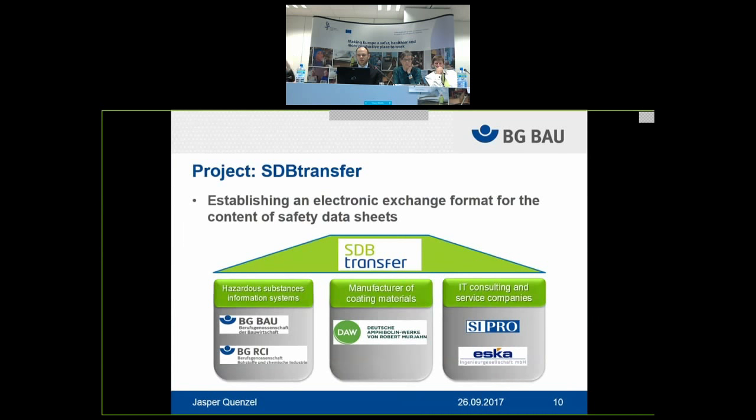And on the right, you can see our IT consultants, the company Zipro, who developed together with DAW an interface in SAP EHS. And the ESCA have a very long, very deep knowledge in the electronic exchange for safety data.